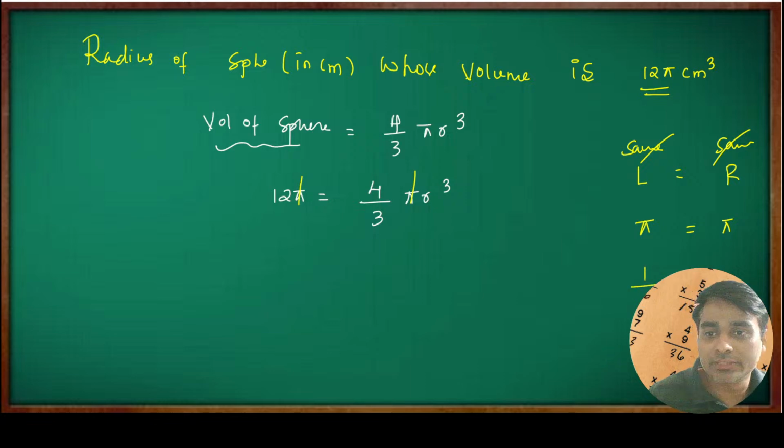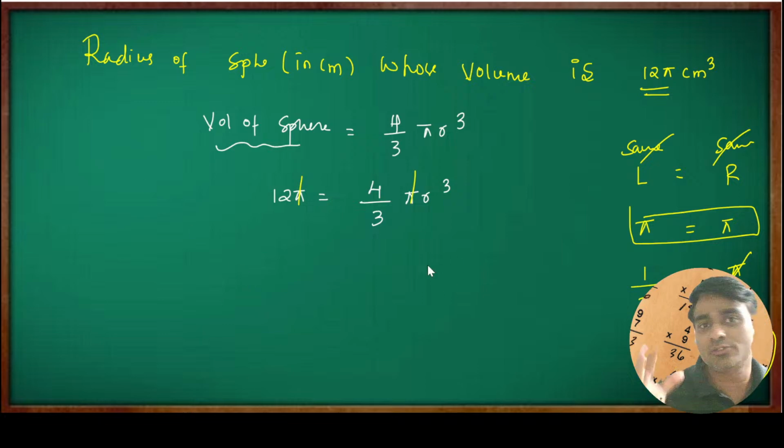If you have something like 1 by pi this side and pi this side, you can't cancel like this, not possible. They should be in line. If it is like this, you can cancel pi pi again, this complete thing will go, and one will also go. So it should be face to face. That's a very good word to say, face to face.